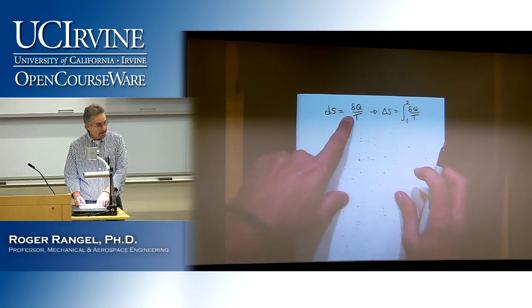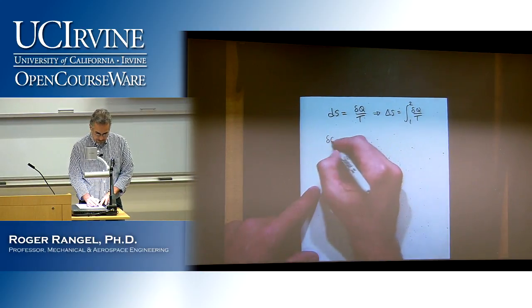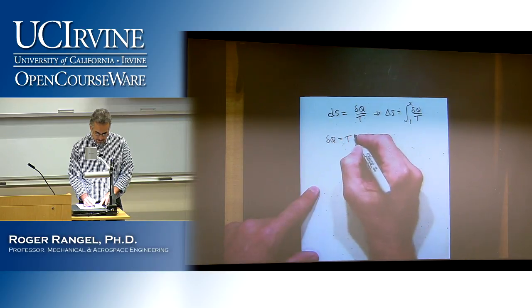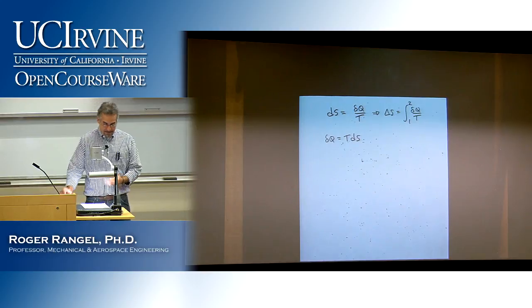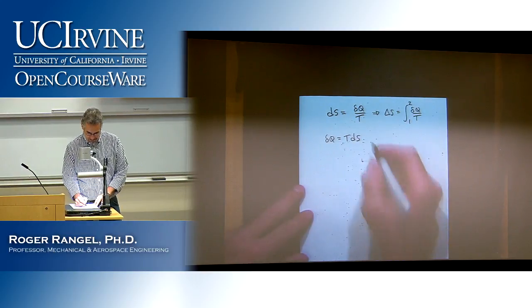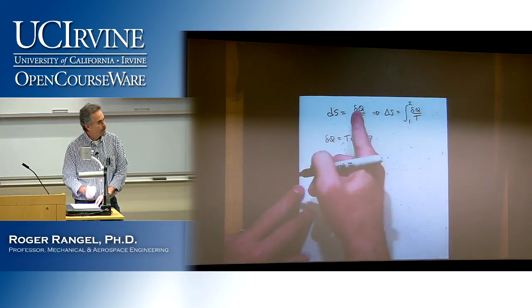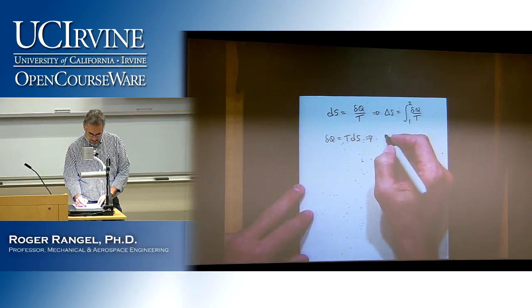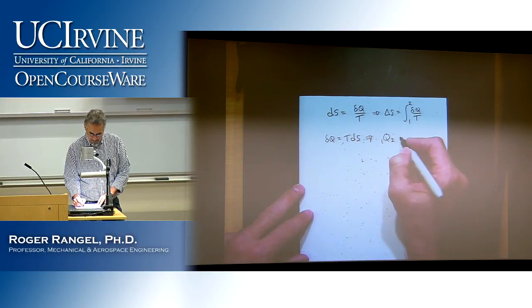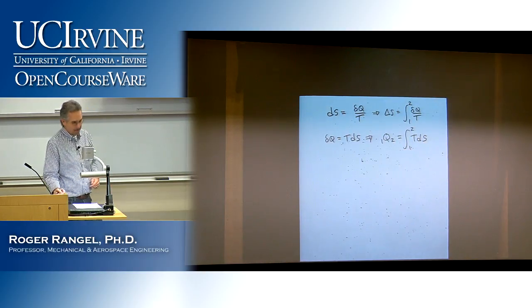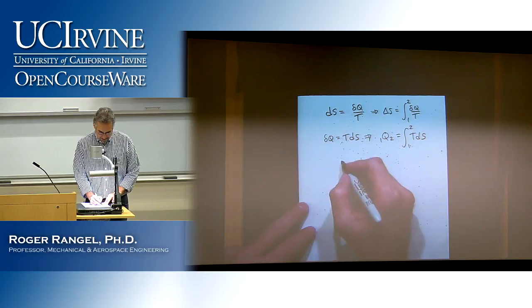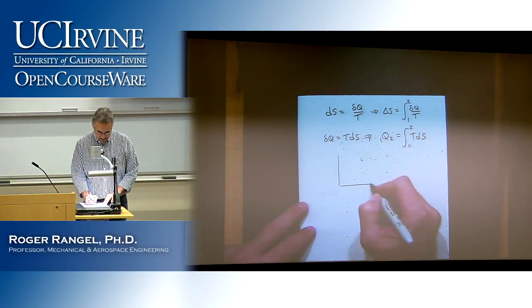But if I write it like this, I can of course say that dq is T dS. And if I now integrate this, then this is Q12, the integral from 1 to 2 of T dS. And that's why Q12 becomes the area under the curve.